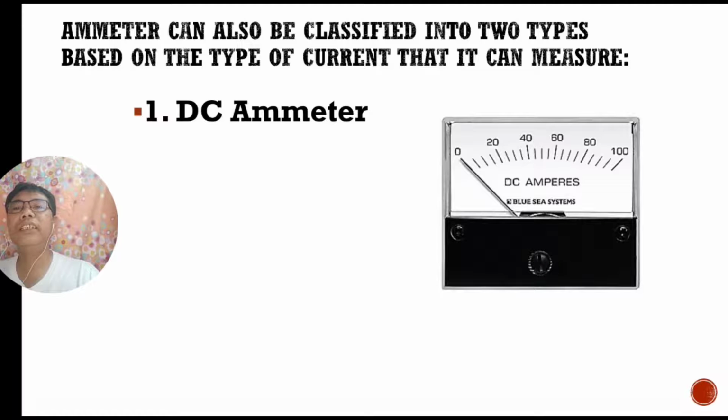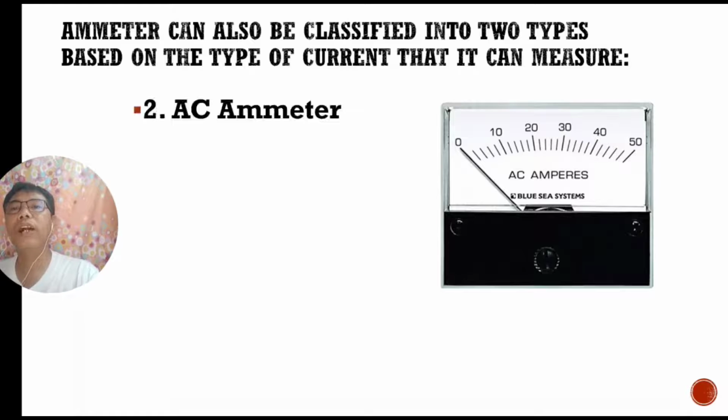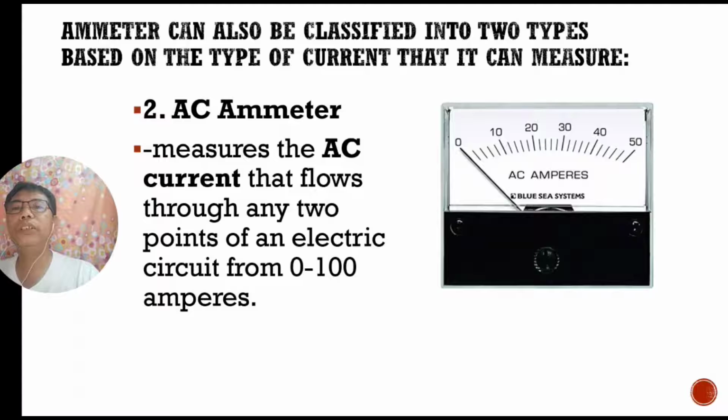One is the DC ammeter, can be used to measure the DC currents from 0 to 50 amperes. While the AC ammeter measures the AC current that flows through any 2 points of an electric circuit from 0 to 100 amperes.